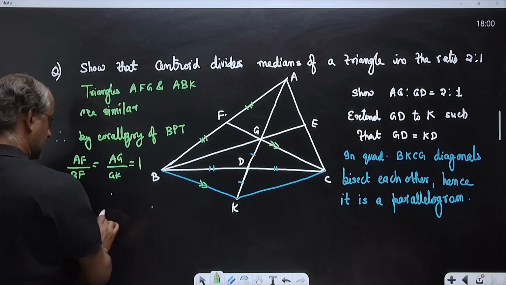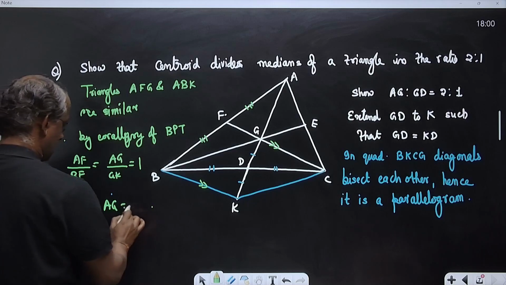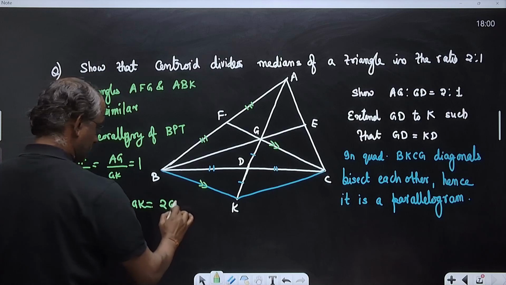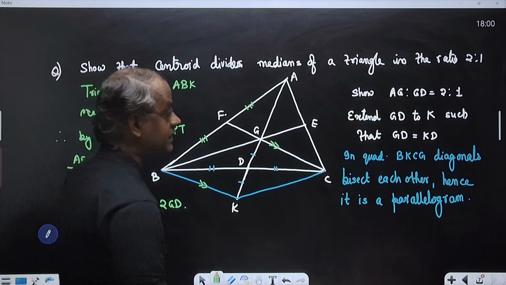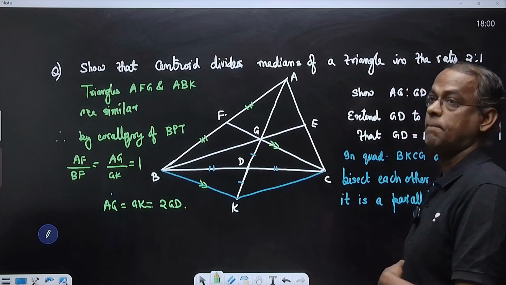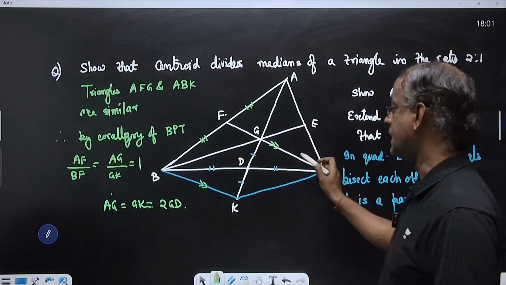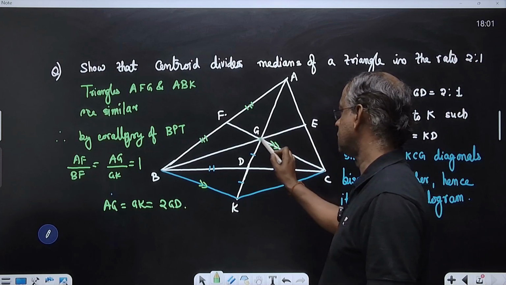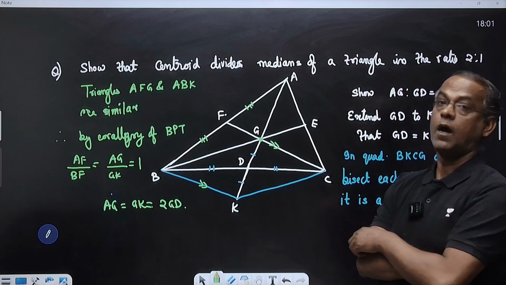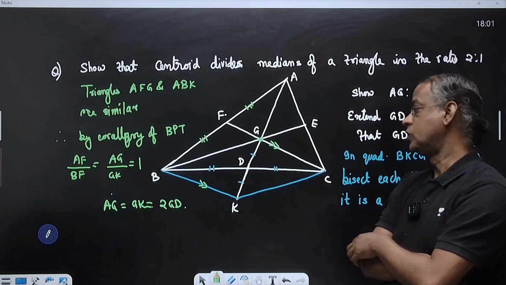So AG is equal to GK. GK is 2 times GD. So AG is to GD is 2 is to 1. This is one proof where we are using parallelograms. So medians are divided in the ratio 2 is to 1.